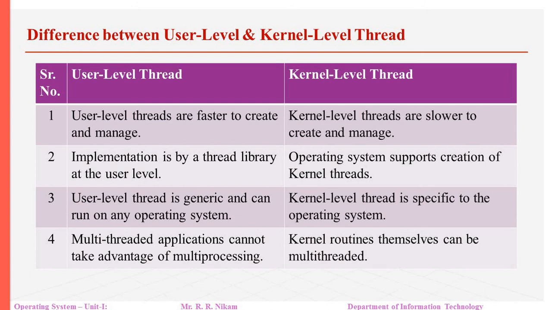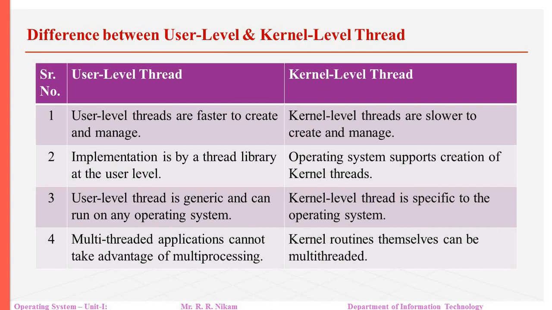In the kernel level, threads are slower to create and manage because it requires the permission of the operating system and the support is also required. Next, implementation is by the thread library at the user level, and in the kernel level the operating system supports creation of kernel threads.